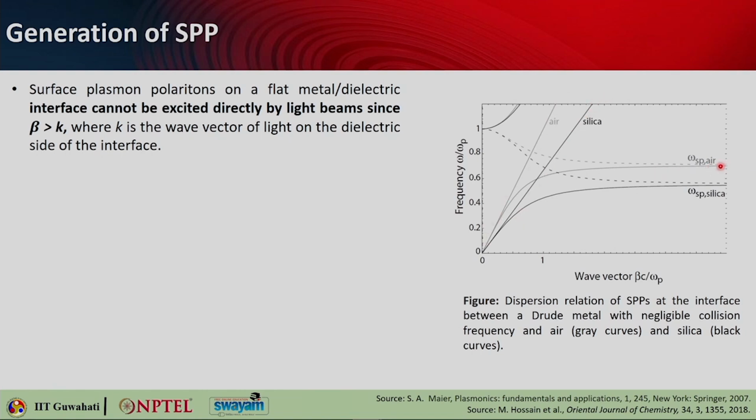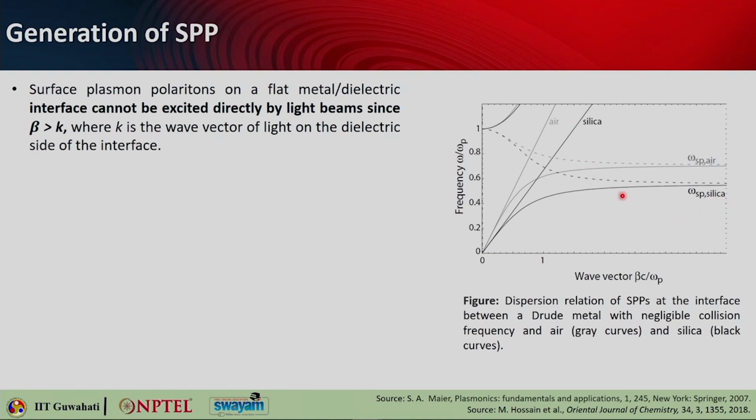Look at the solid curves, not the dashed ones. The gray solid curve is the dispersion relation of surface plasmon at the metal air interface, and the black one shows the surface plasmon's dispersion relation at the metal silica interface.